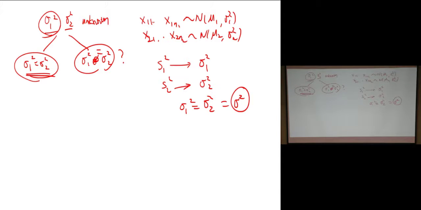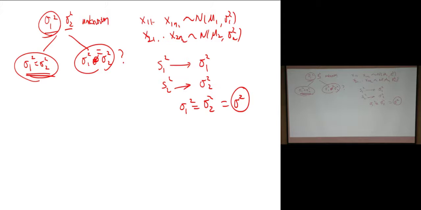Which one do you believe is more accurate, in the sense that the variation is smaller? The S1 square, from the bigger N1, we believe should have a smaller variation, or be closer to its expectation, while S2 square with a smaller sample size N2 will not be as good as S1 square.